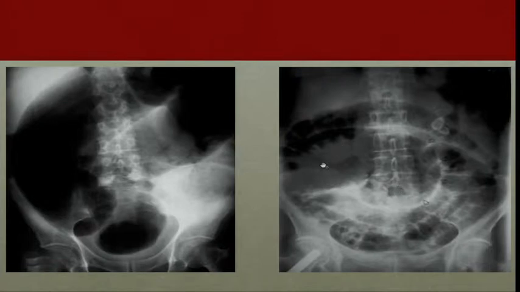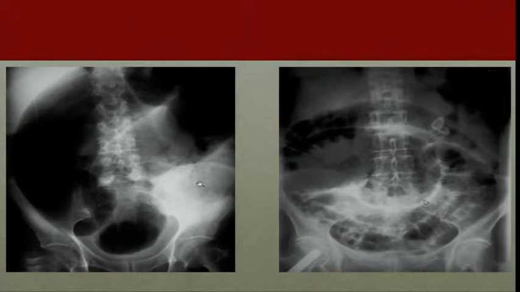And sometimes you'll have a bascule, which will be up in the upper quadrant, which can look a lot like a sigmoid. But the classic presentation of a sigmoid volvulus is a nursing home patient or just an older patient who has maybe a chronic history of constipation.